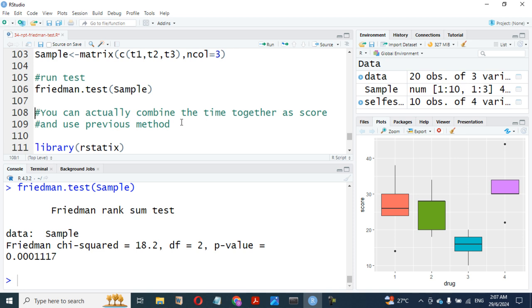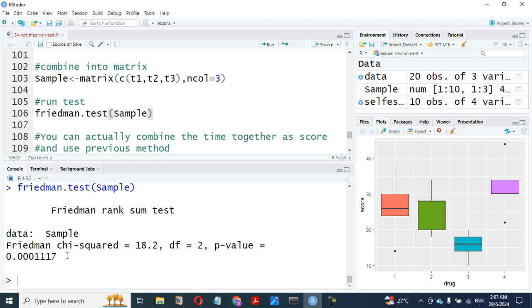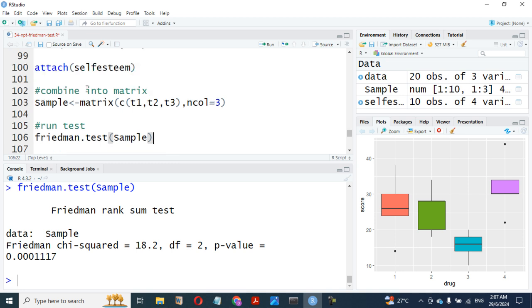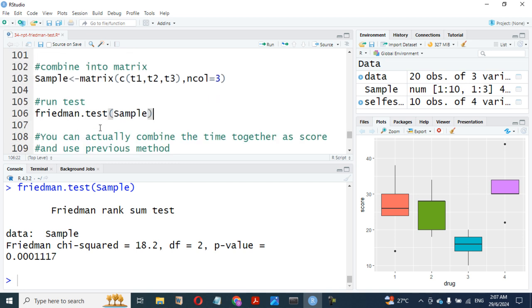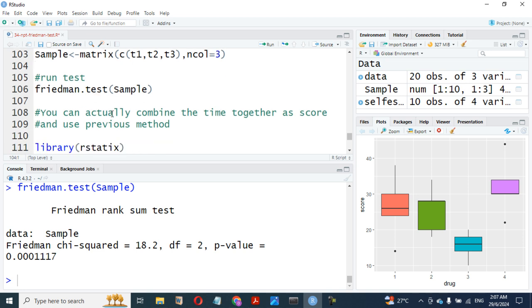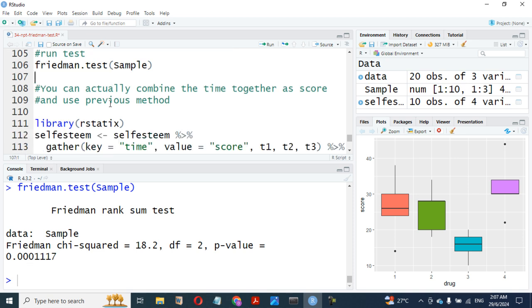So we can actually combine the times together as score and use the previous method. We can change this sample to the previous method 1 by combining it together. Then we can use method 1. Don't forget we got 0.001117. So let's try that.